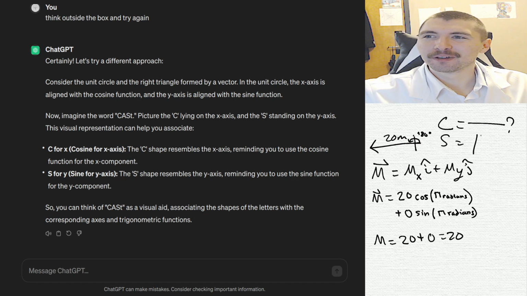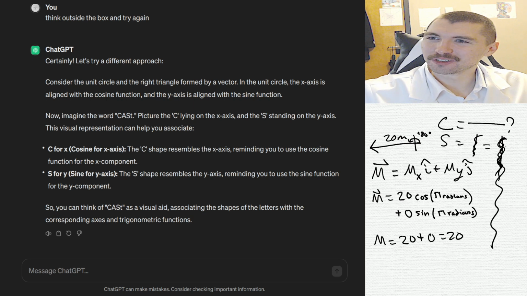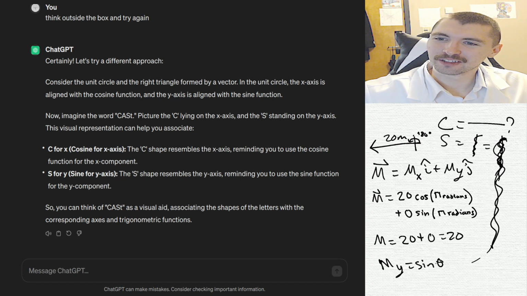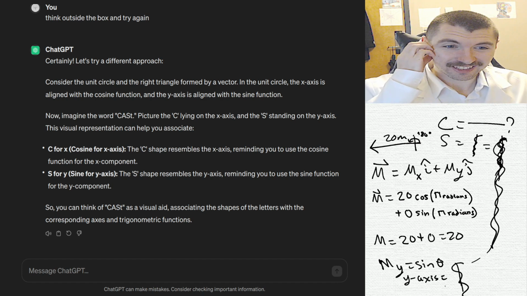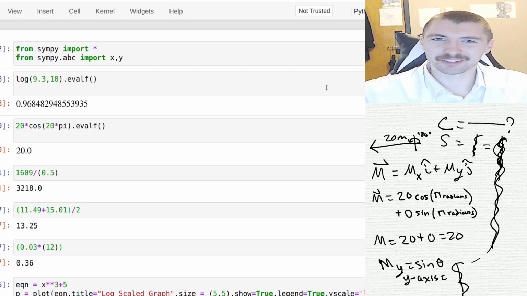Okay, so maybe you could say it like this: sine, since S is kind of like a vertical sinusoid. The y component is sine, because the y-axis is kind of like this shape, and S is like this. Okay, so maybe that'll work. All right, thank you guys.